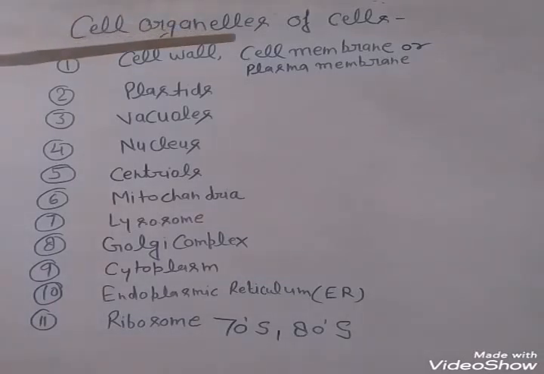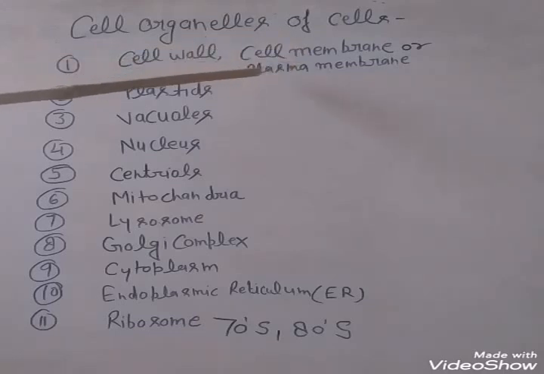The cell wall and cell membrane or plasma membrane are the outermost coverings that separate the contents of the cell from the surrounding environment. Cells in plants and fungi also contain an additional layer known as the cell wall.